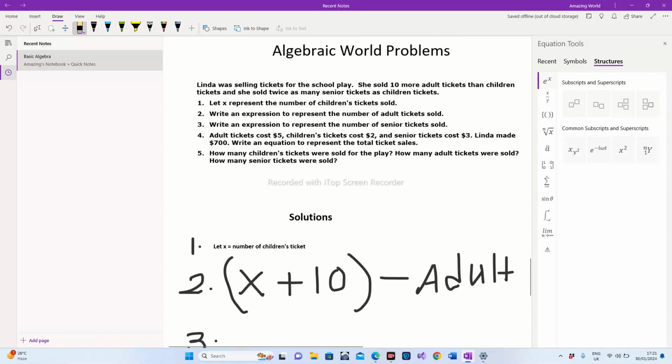We are to write an expression to represent the number of senior tickets sold, and we were told that Linda sold twice as many senior tickets as children's tickets.